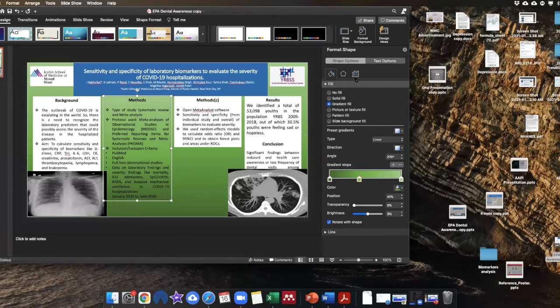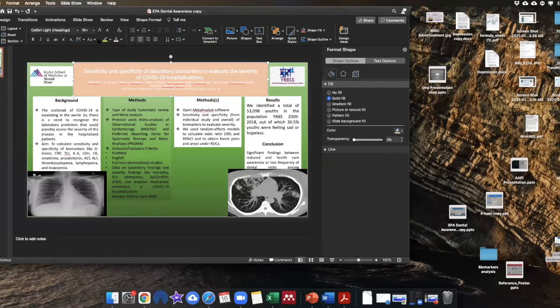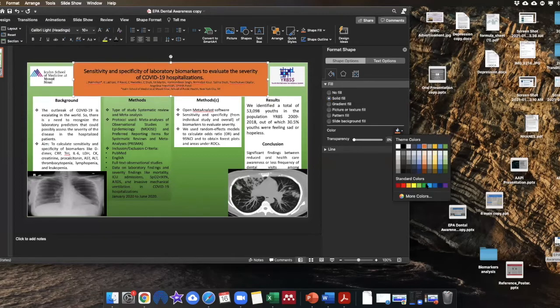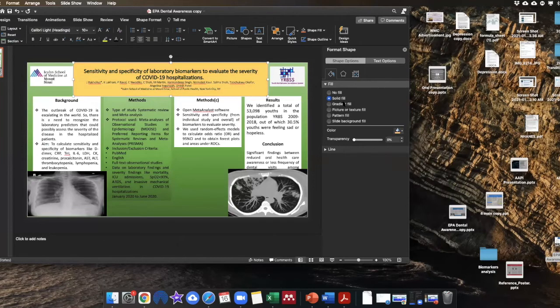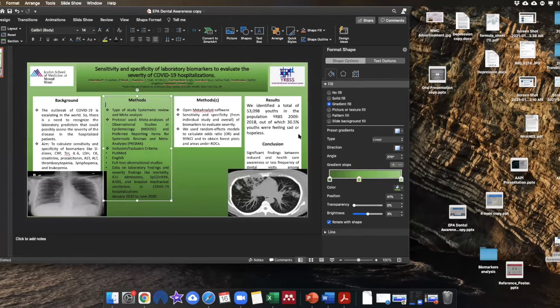Once you double click here, you can literally change everything, but don't submit exactly the same thing. We don't want that. Whatever you got in the example, that is the example, that is not the actual one. So this is how you're going to play with the color and the gradient, and you can then later on submit.